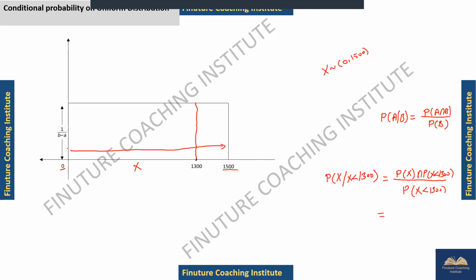The first is the complete X, all the values that X can take. This is the second portion wherein X is less than 1300. If you see, the common area is this rectangle. This is the region that we are interested in.